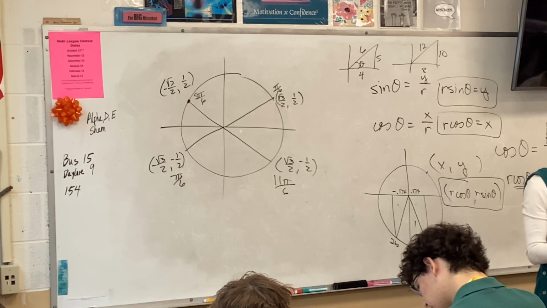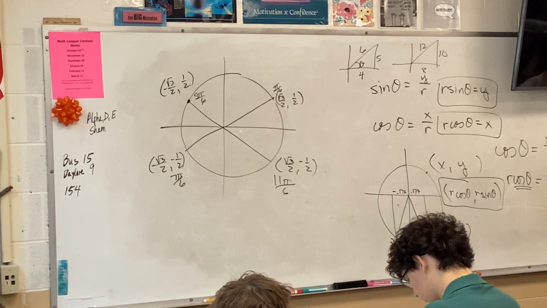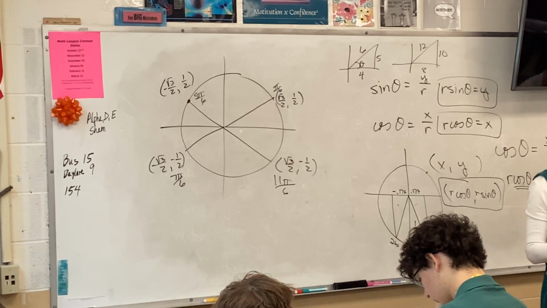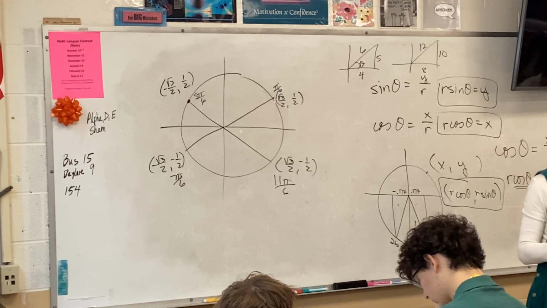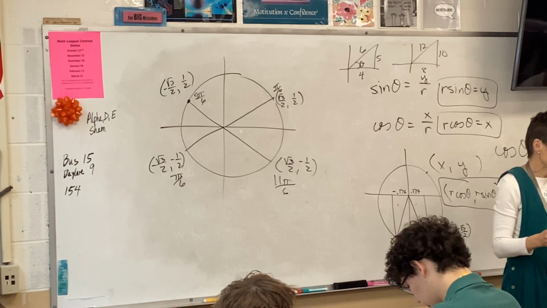X is cosine. So every cosine of a pi over 6 is going to be either positive root 3 over 2 or negative root 3 over 2. Every sine of a pi over 6 is going to be either 1/2 or negative 1/2. Does that make sense to you?